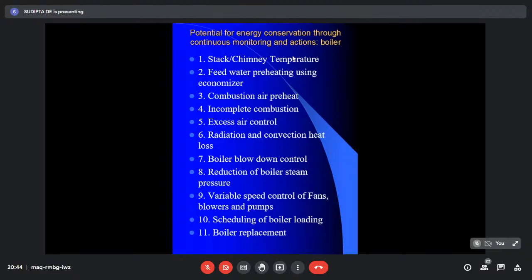This excess air helps better combustion, but also carries away some heat of combustion.